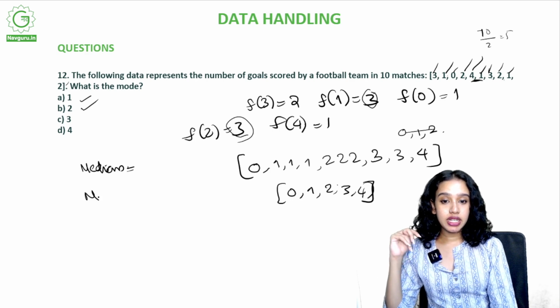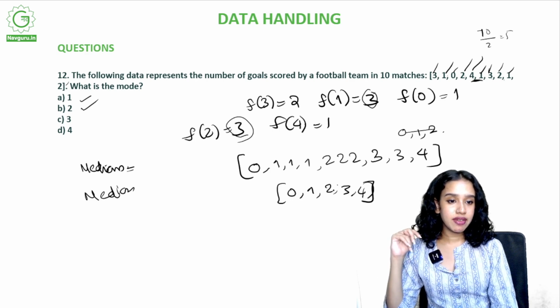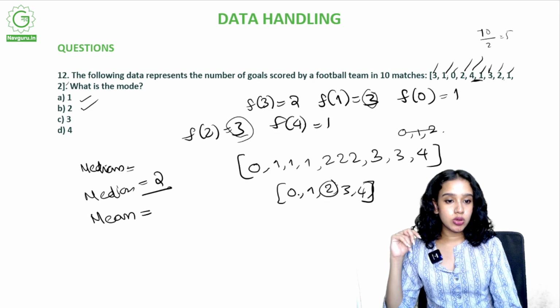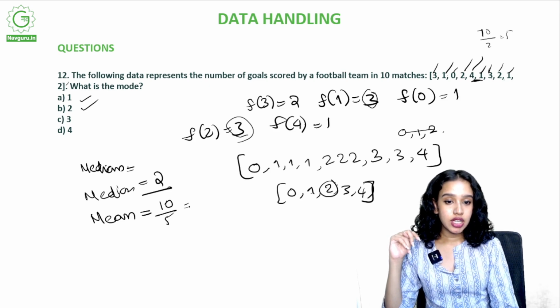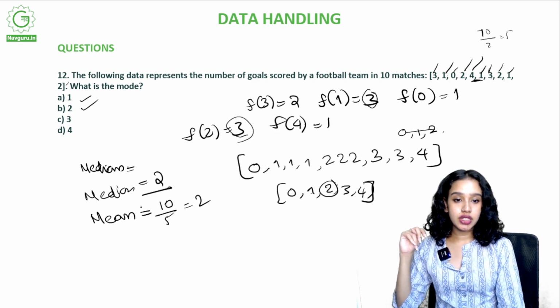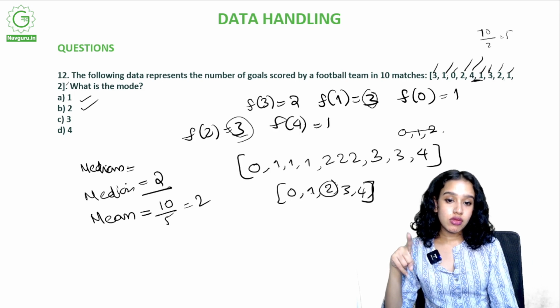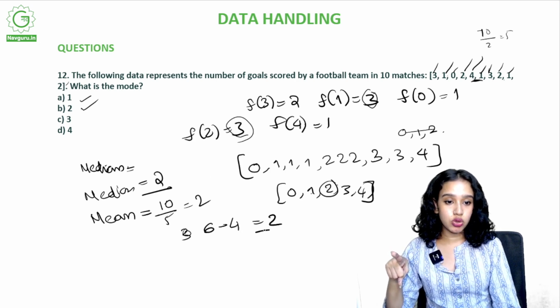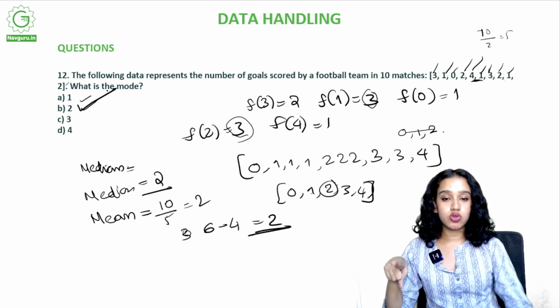We have 5 values, 2 is the median. And what is the mean? Mean is equal to 0 plus 1, 3 plus 3 is 6, 6 plus 4 is 10, divided by 5. Mean is equal to 2, right? Now, 3 times median, 2, is 6, minus 2 times mean, 4, which is equal to 2. So the mode is equal to 2.